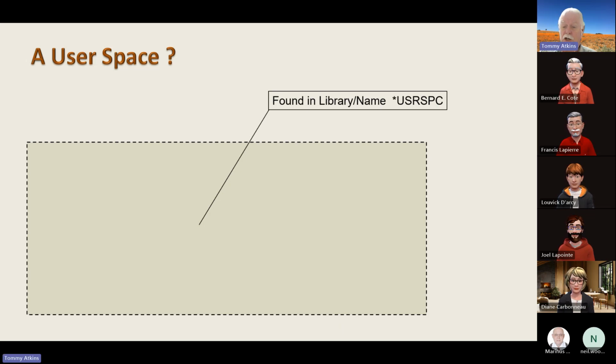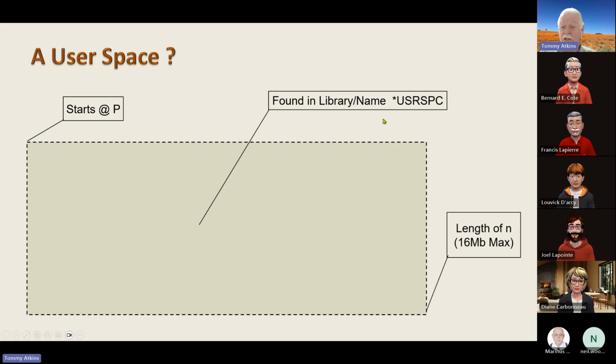That's it. So you create a user space, give it a name in a library, and it has an object type user space. It starts there at P, and it ends to a length of up to 16 megabyte.